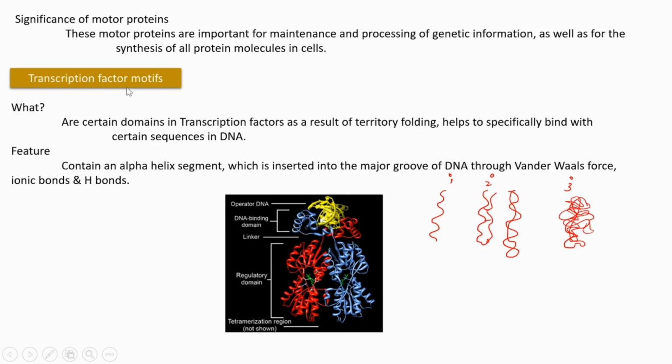What are these transcription factor motifs? There are certain domains in a transcription factor that, as a result of tertiary folding, help to specifically bind with a specific sequence in DNA. So what are the features? In the case of a single domain, we can see an alpha helix segment.